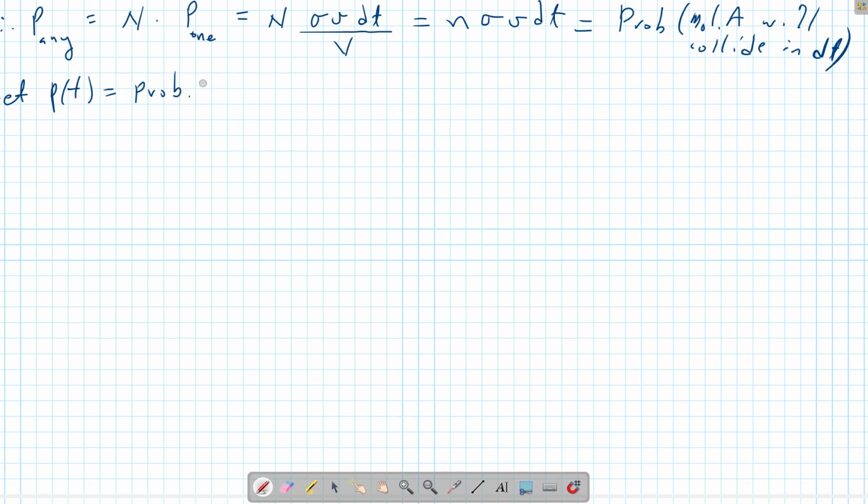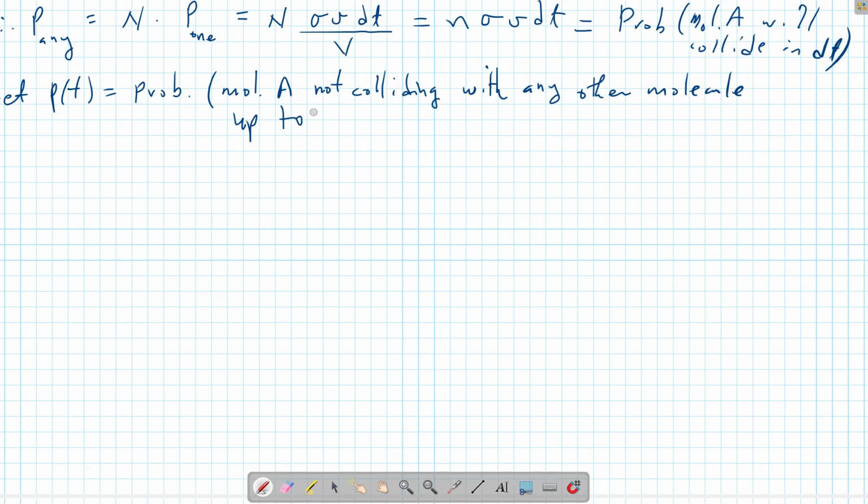PT is the probability of molecule A not colliding with any other molecule up to time t. So we have a molecule A, it's living its life without collision within a time interval t.